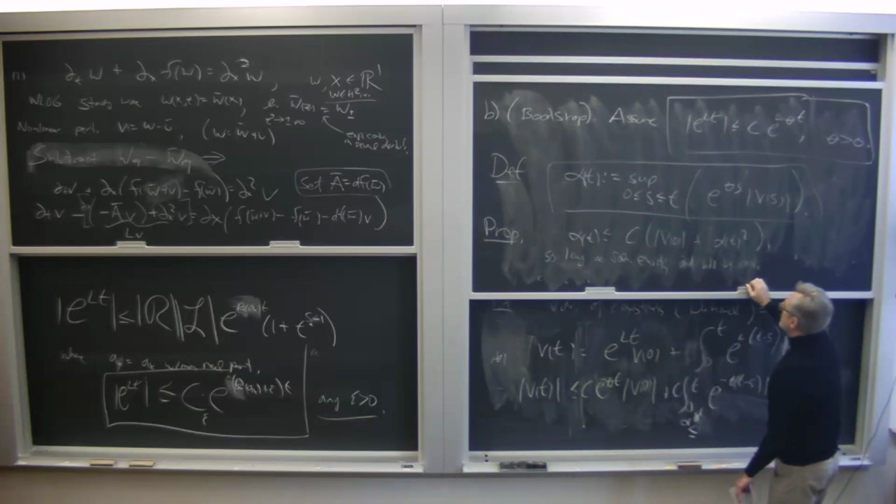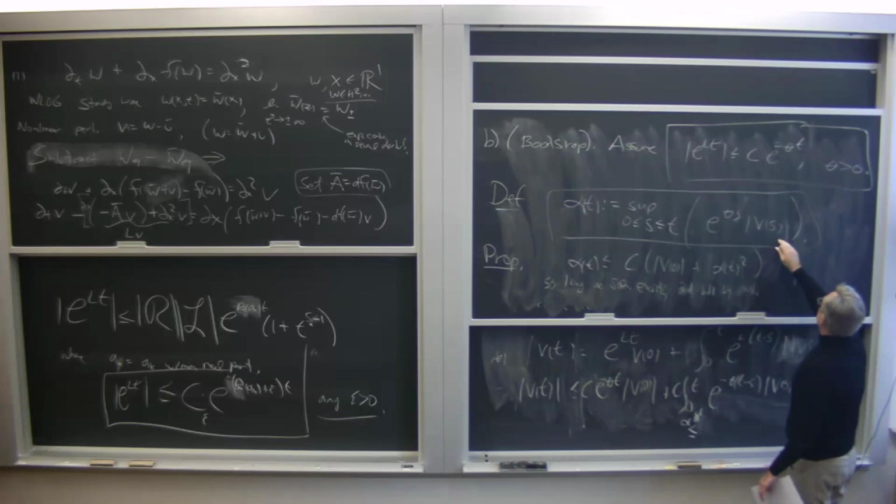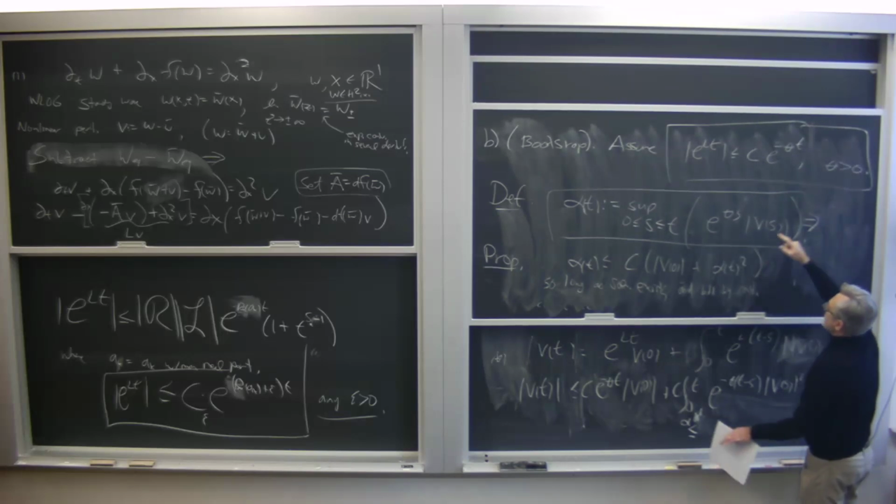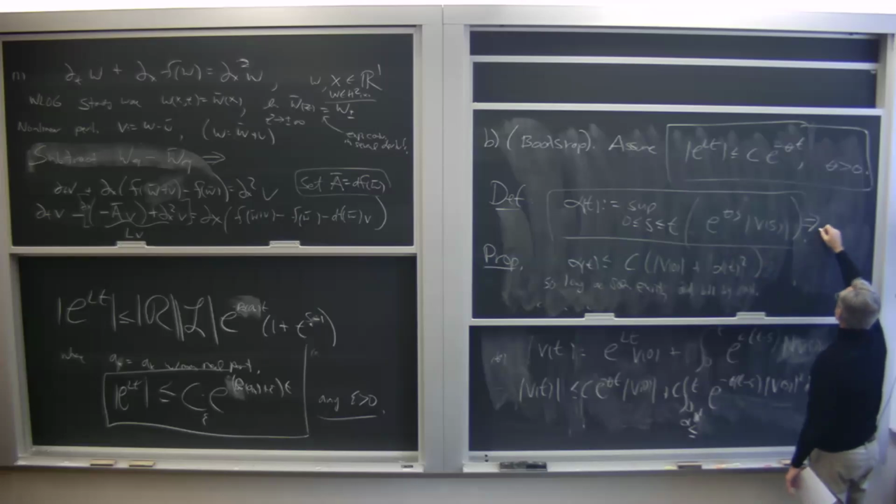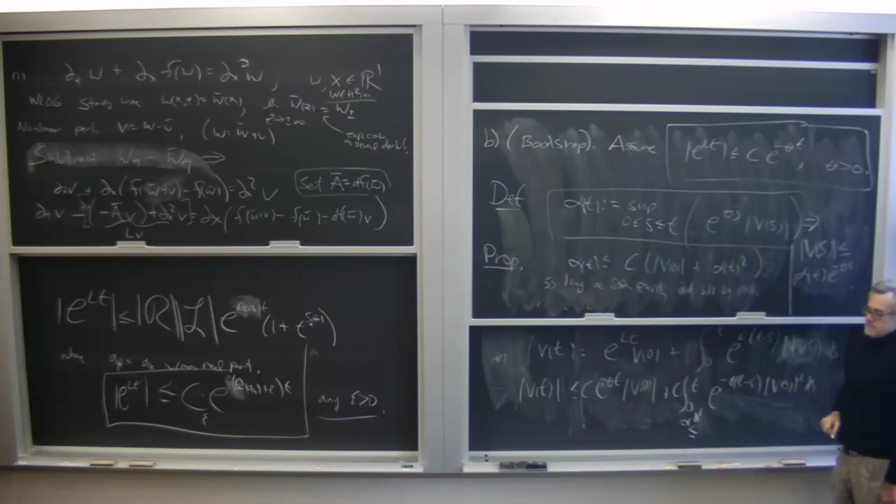Let me go back here and just note that this gives a bound. This says V of s is less than or equal to alpha of t e to the minus theta s for s less than or equal to t.